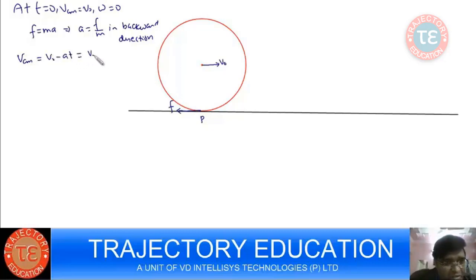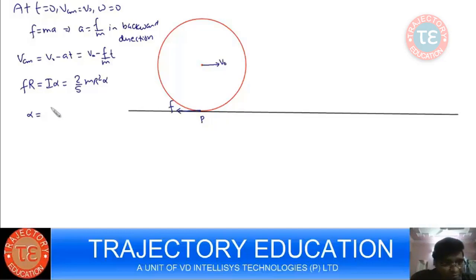That is v0 minus f by m into t. And this f is also going to create a torque, Fr, and that will be I alpha, and I, I'll take it as a solid sphere. If nothing is told, you always take it as a solid sphere. If it is hollow, they will write it. They will give you in the question, this hollow sphere.